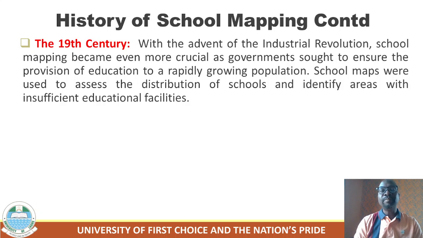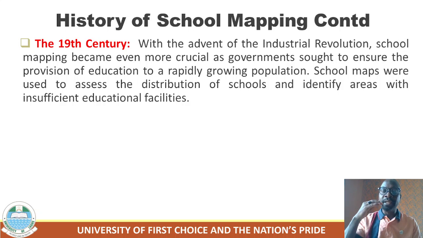Moving forward with respect to the historical development of school mapping, when we got to the 19th century era, this was when there was industrial revolution. With the advent of the industrial revolution, school mapping now became even more crucial, more vital, more important, because government now sought to ensure the provision of education to a rapidly growing population.